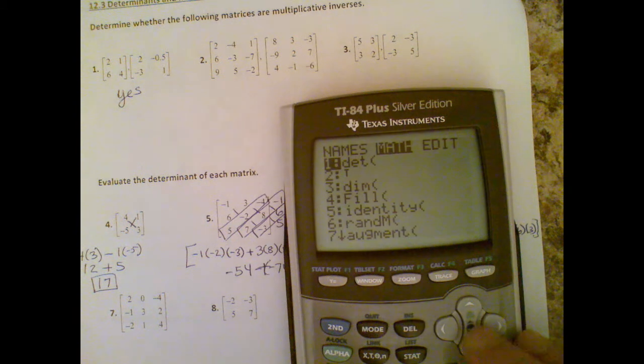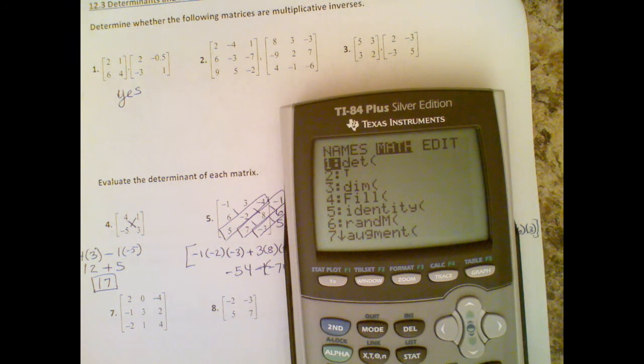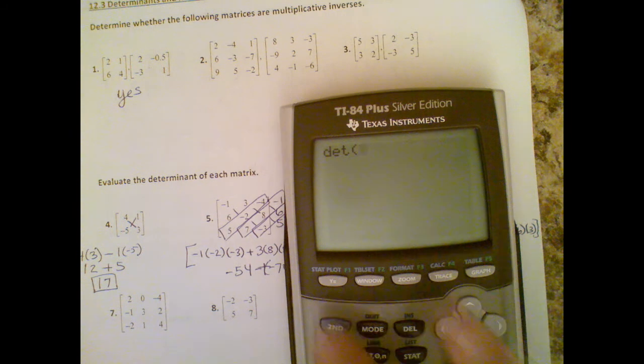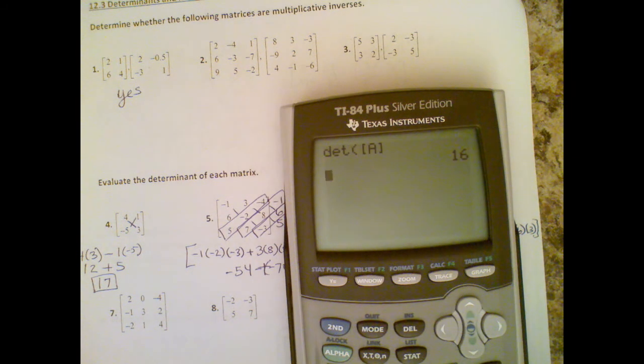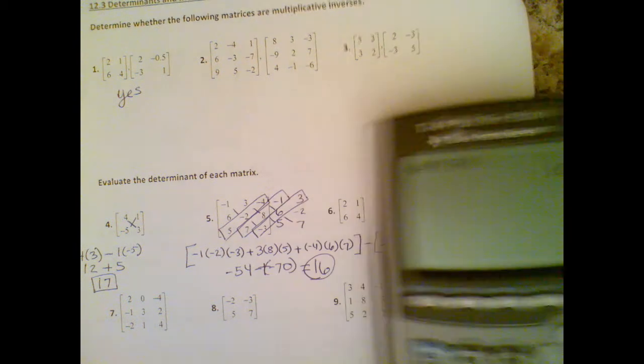Then we're going to go to the middle column. We're going to go to DET for determinant, and then we use matrix A, so have that highlighted, and we get 16 for our final answer.